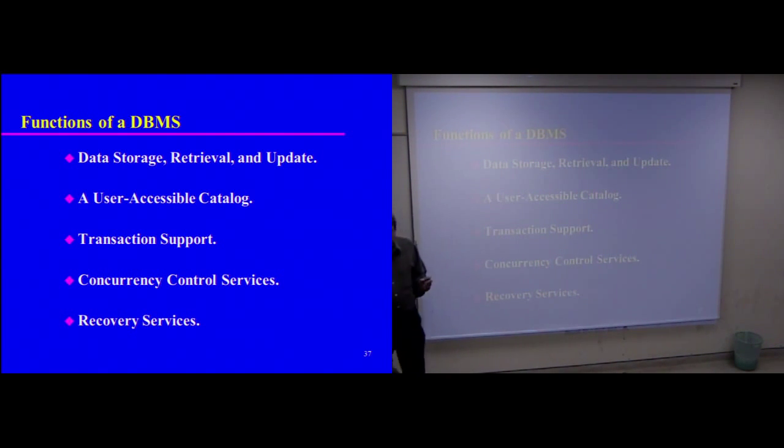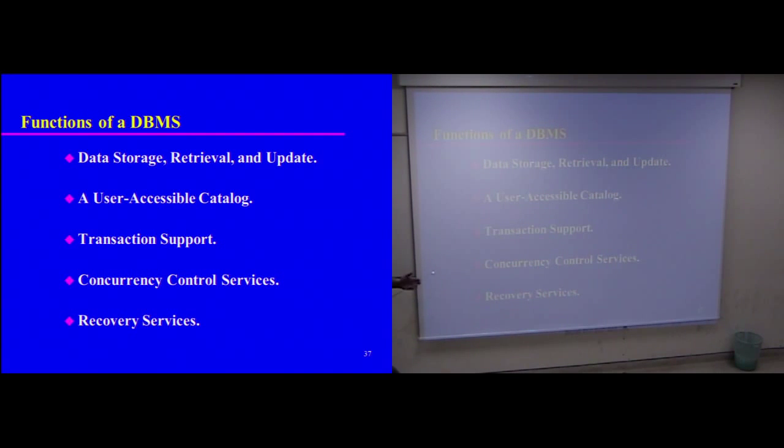So the word transaction means that the programmer tells the DBMS, I need all of these actions to be done as a single unit. If failure occurred in the middle, then you have to roll back to a secured state to guarantee that the whole system is in a stable state.